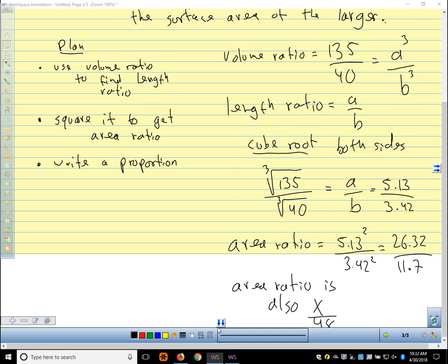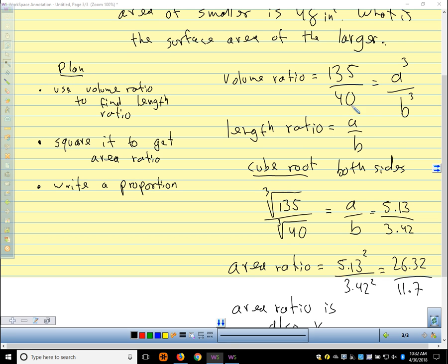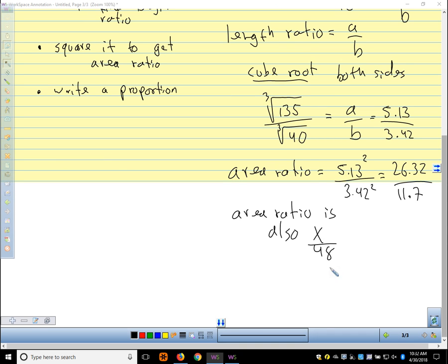I want to keep my ratio in the same order. I did large over small on all of these. The area ratio is also x over 48. So now I can write a proportion. X over 48 equals 26.32 over 11.7. Those two area ratios are for the same two similar solids.